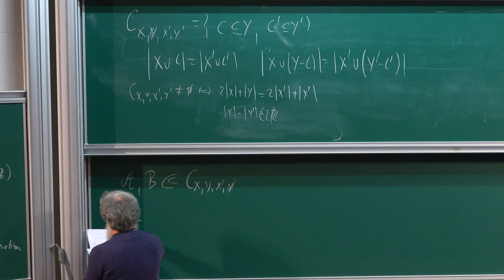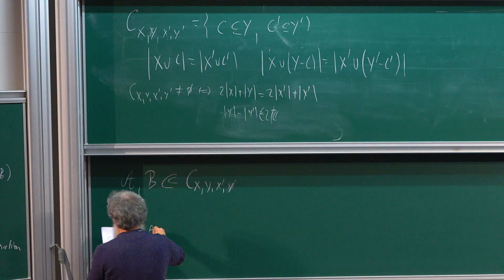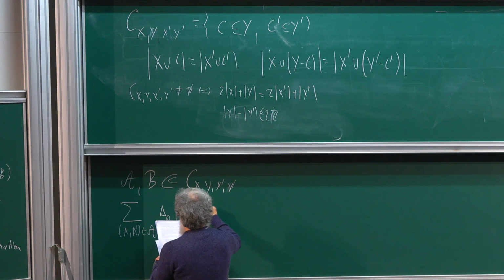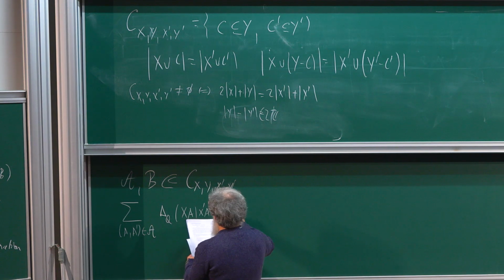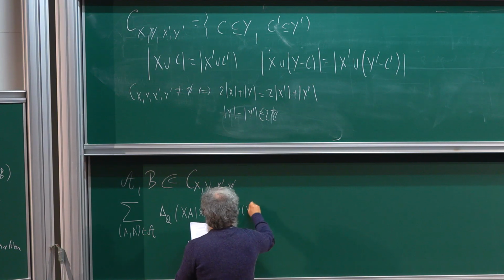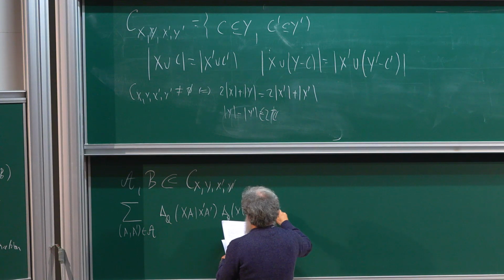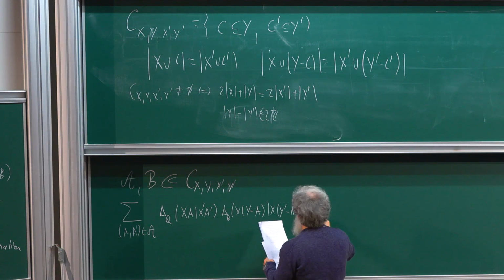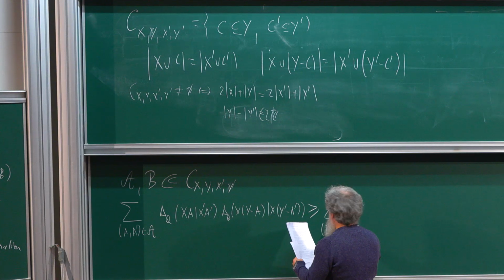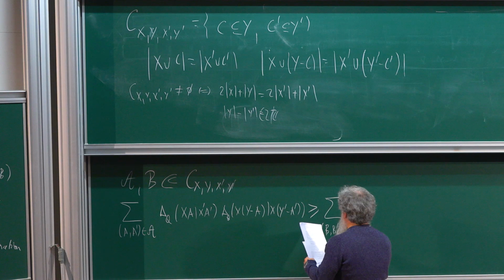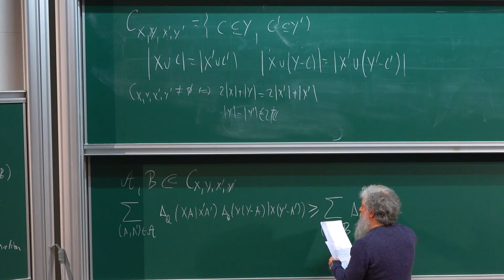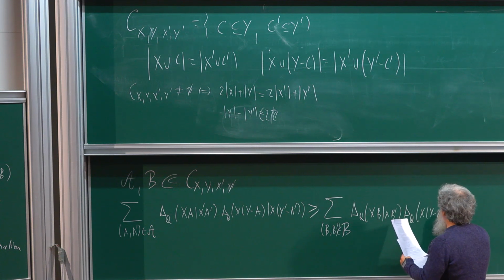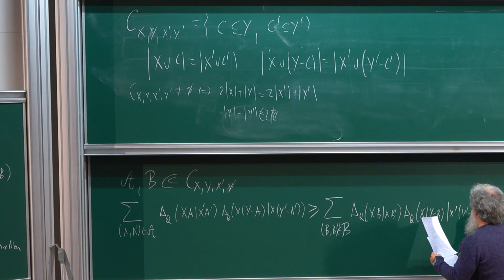We consider the sum over all (A, A prime) in A of the determinant of the submatrix (X∪A, X prime∪A prime), times Delta Q (X∪Y minus A, X prime∪Y prime minus A prime), and this is greater or equal than the sum with respect to (B, B prime) in B with the same determinant of (X∪B, X prime∪B prime), times Delta Q (X∪Y minus B, X prime∪Y prime minus B prime).